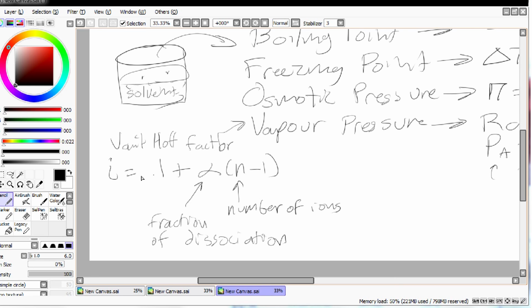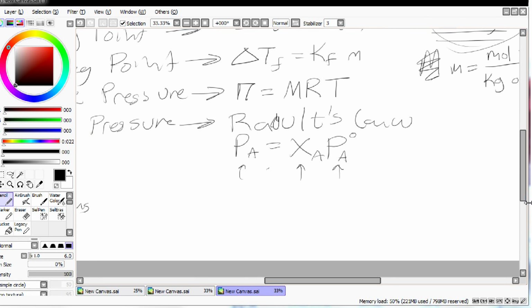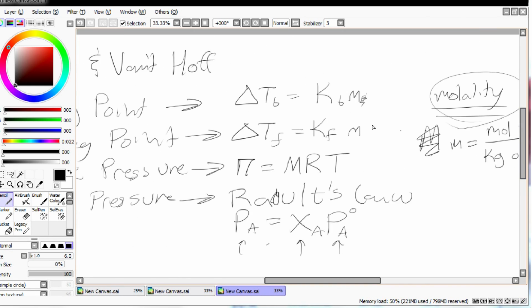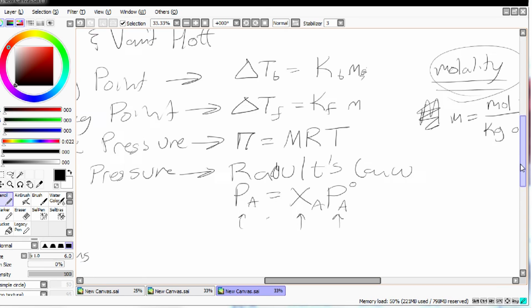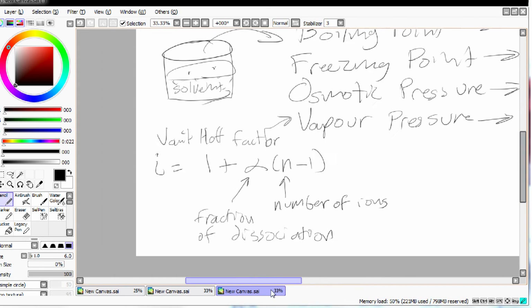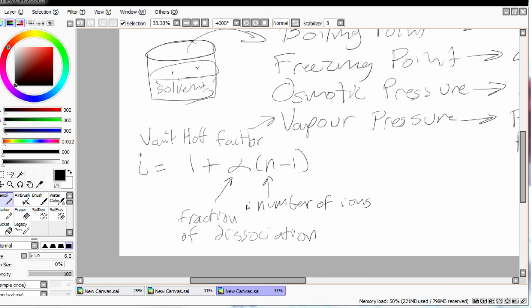This factor is multiplied to each of these equations to describe things that do dissociate, because if it doesn't dissociate, then it doesn't do anything. Right.